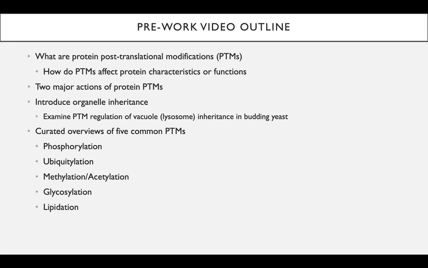So I didn't think it'd be useful to just talk through each one of those, but I did think it might be useful to curate some figures for each of those PTMs. And then on those slides, I provided the pages within the Molecular Biology of the Cell textbook that cover these different protein post-translational modifications. I'll just quickly highlight those slides at the end, but I won't go much more into them.